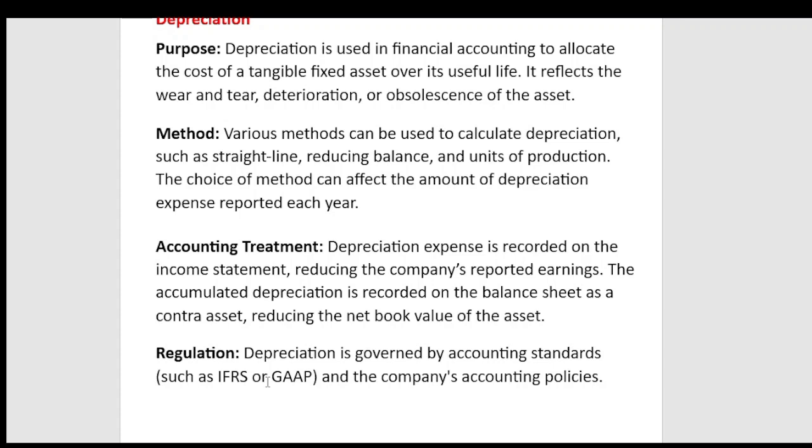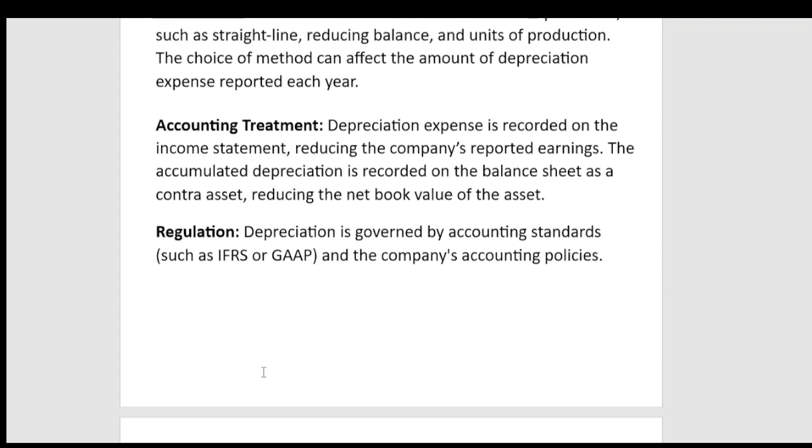The standard might say depreciation is like this, and we must follow this standard in apportioning our depreciation. That is the regulation that governs and guides depreciation. I hope we are there.